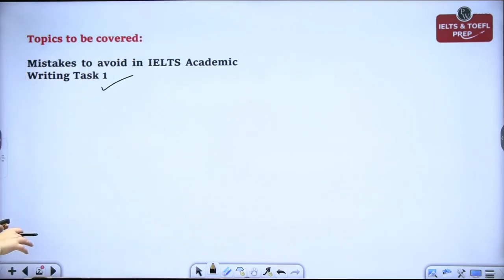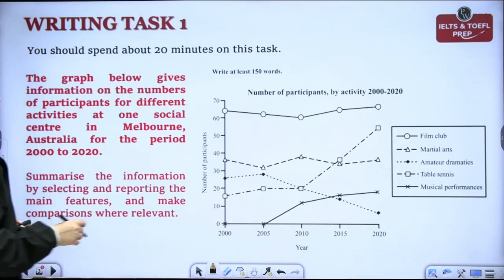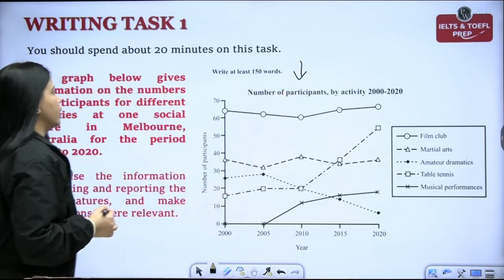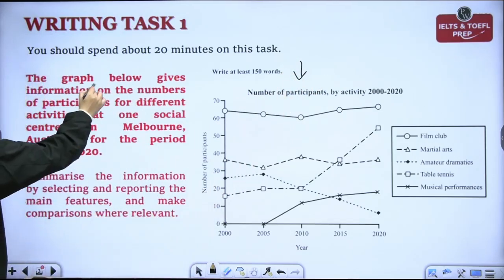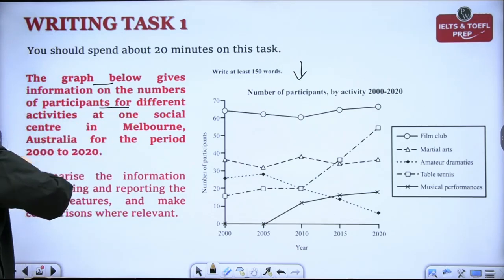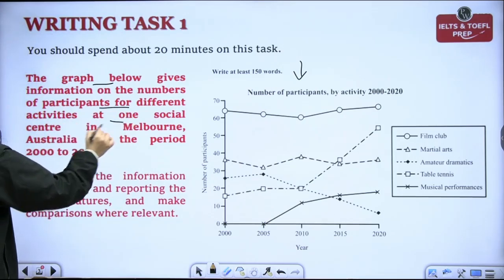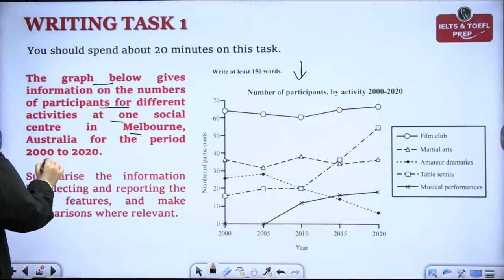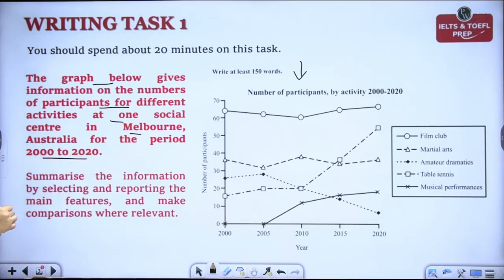So I have got a couple of graphs for you, and this is the very first graph I'm going to be talking about. Now the question over here says, the graph below gives information on the number of participants for different activities at one social center in Melbourne, Australia for the period 2000 to 2020.